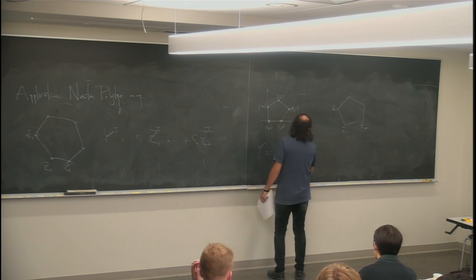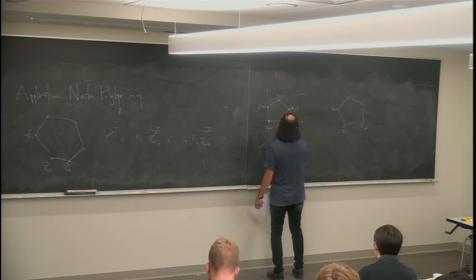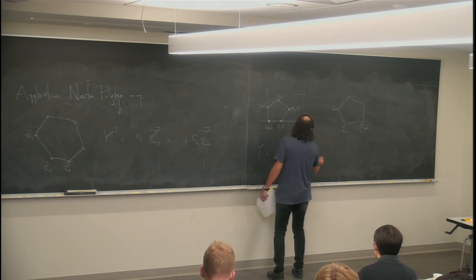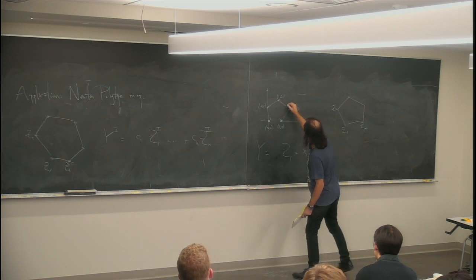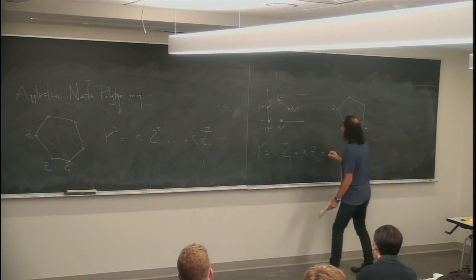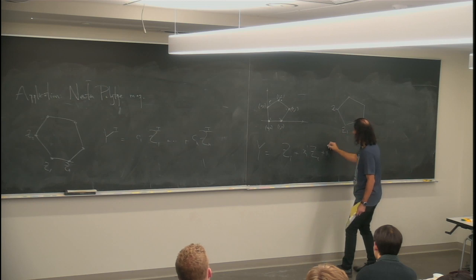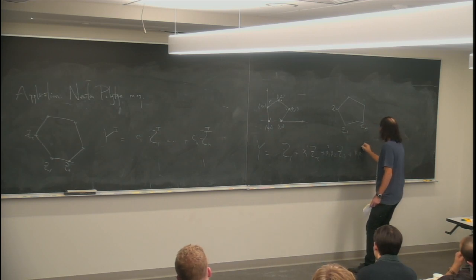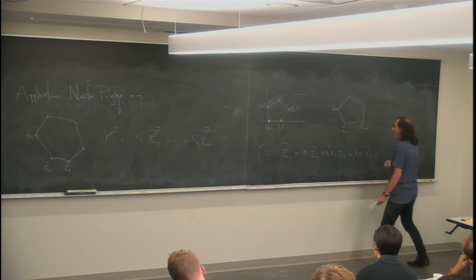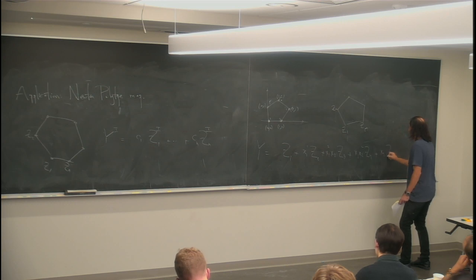C2 is going to be some variable x1 to the 1, times Z2. C3, so I labeled these the same way, 1, 2, 3, 4, 5. C3 is going to be x1 squared x2 times Z3. C4 will be x1, x2 squared Z4, and C5 will be x2, Z5.